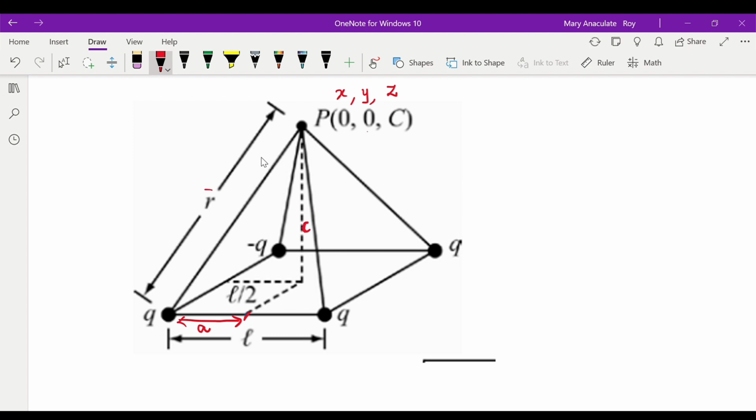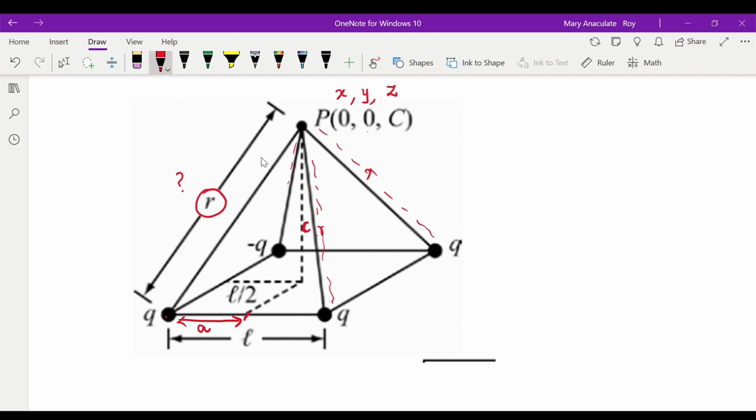And we need to find out R because this point P is at a distance of R from Q. And since it's a square, if you find one of the sides, all the other charges are at the same distance from P, which is also R, that is this point, this entire distance. Here also it will be R because it's a square.